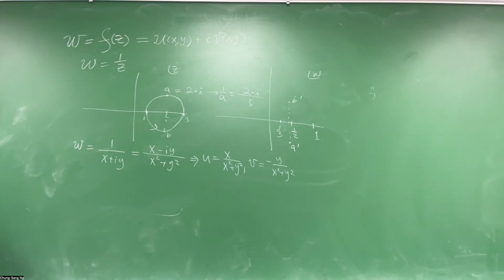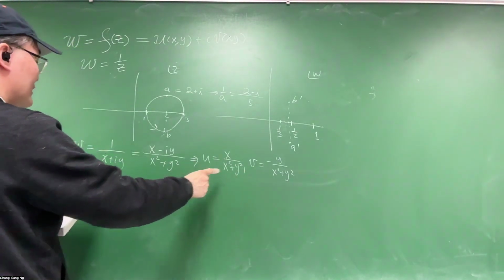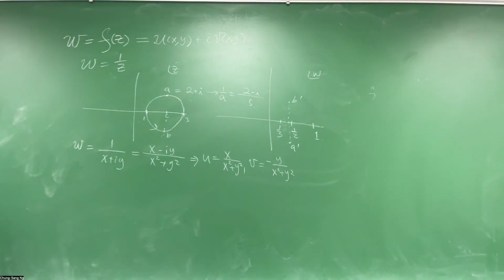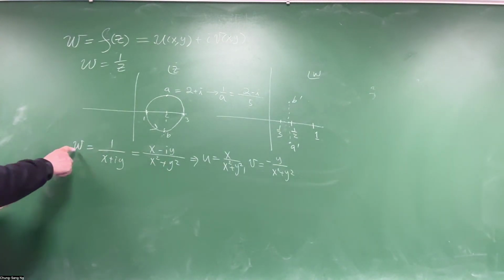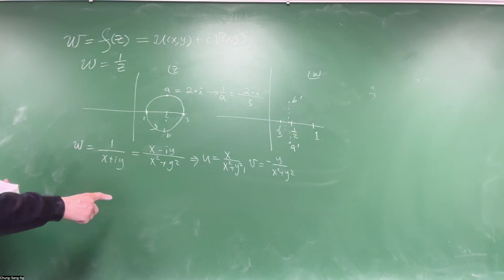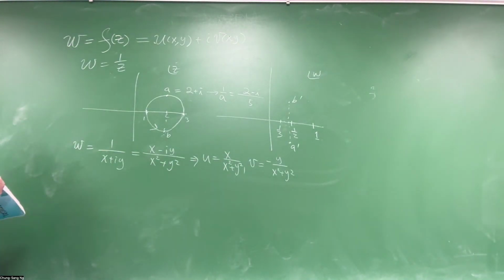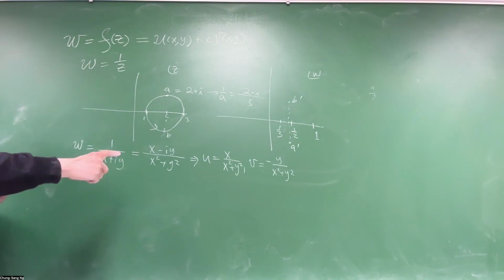You can also invert that transformation and express x as a function of u and v, and y as a function of u and v. You can convince yourself that the inverse relationship has exactly the same form because they are symmetric: W is 1 over Z, and Z is 1 over W.